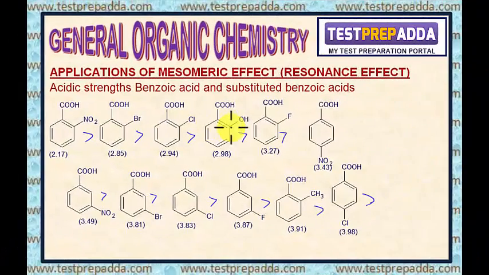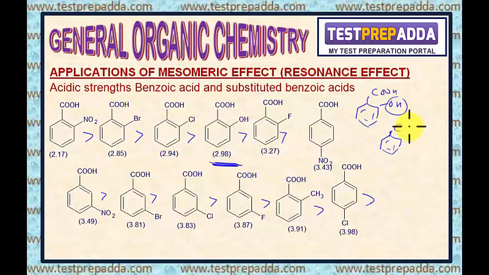And if you look at this orthohydroxybenzoic acid, this OH group is not very bulky. OH is not very bulky, so here it is difficult to explain this high acidic strength on the basis of ortho effect. So for high acidic strength of this orthohydroxybenzoic acid, we give another explanation.